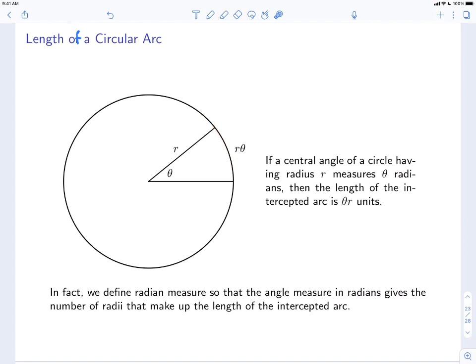In fact, this is actually how radian measure is defined. The angle measure in radians gives the number of radii that make up the length of the intercepted arc. So if the radius is r and the central angle is theta, we define radian measure so that theta radians corresponds to an arc that measures r times theta.